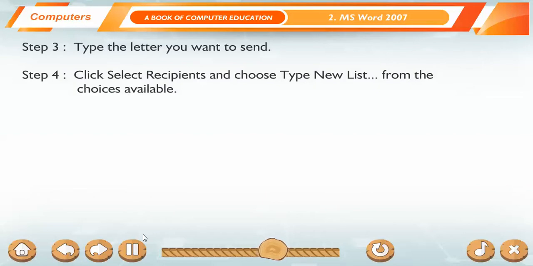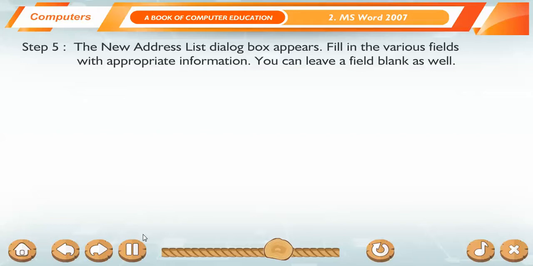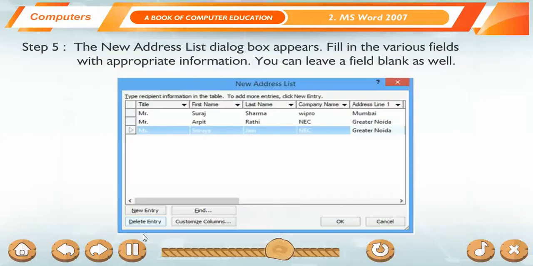Step 4. Click Select Recipients and choose Type New List from the choices available. Step 5. The New Address List dialog box appears. Fill in the various fields with the appropriate information. You can leave a field blank as well.